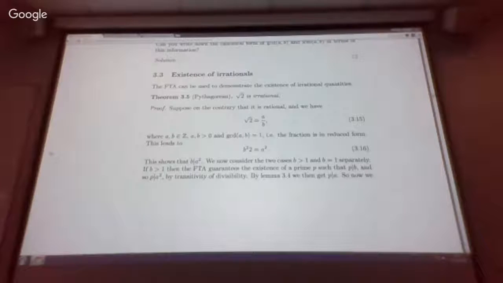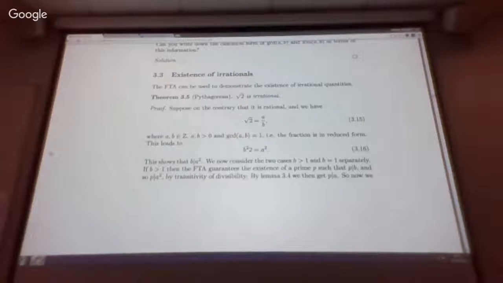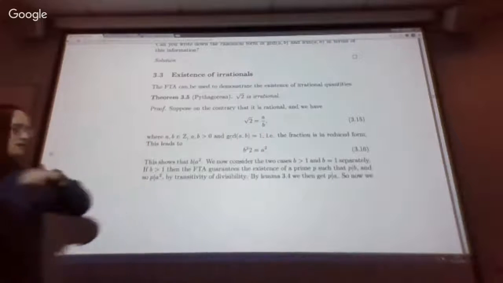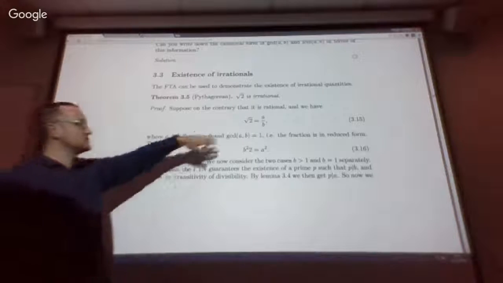And we can prove this very nicely using the language that we built up here. So to prove by contradiction, you can tell because it says suppose on the contrary here to start. So we suppose it was rational. Well, if it was rational, we could express it like this: root 2 is a over b, where a and b are integers, and we'd suppose that the fraction is simplified as much as possible.